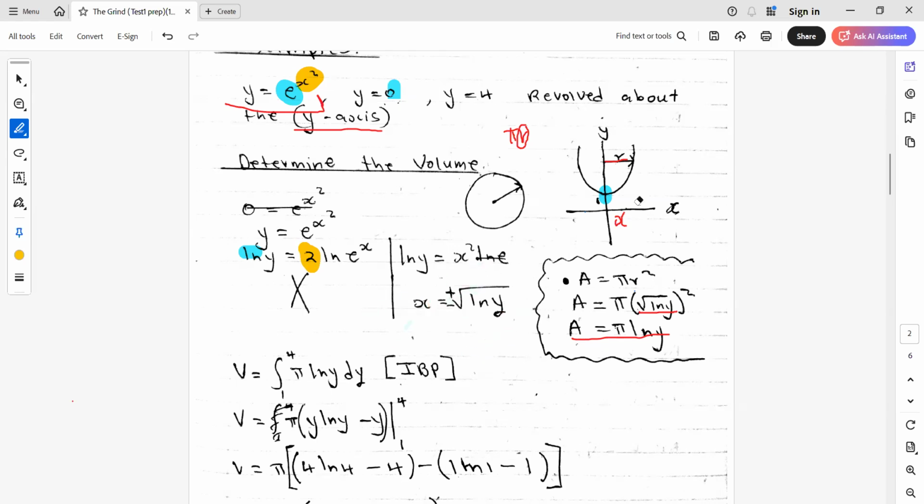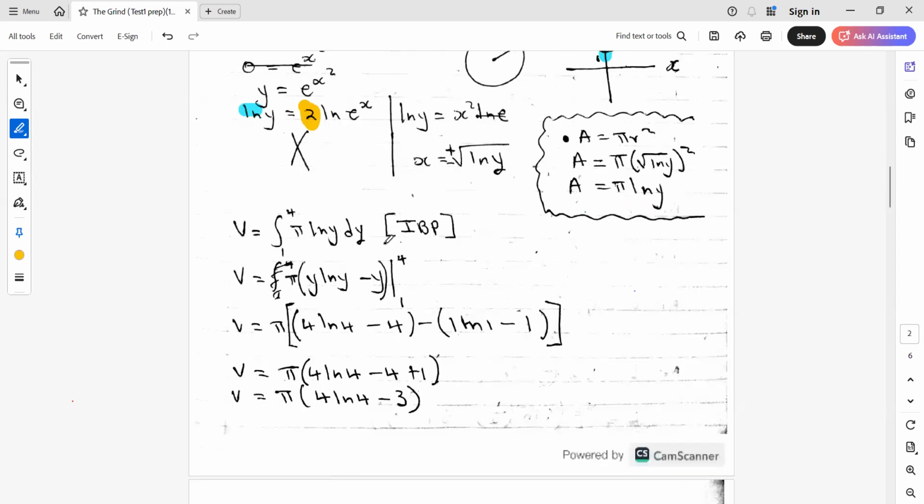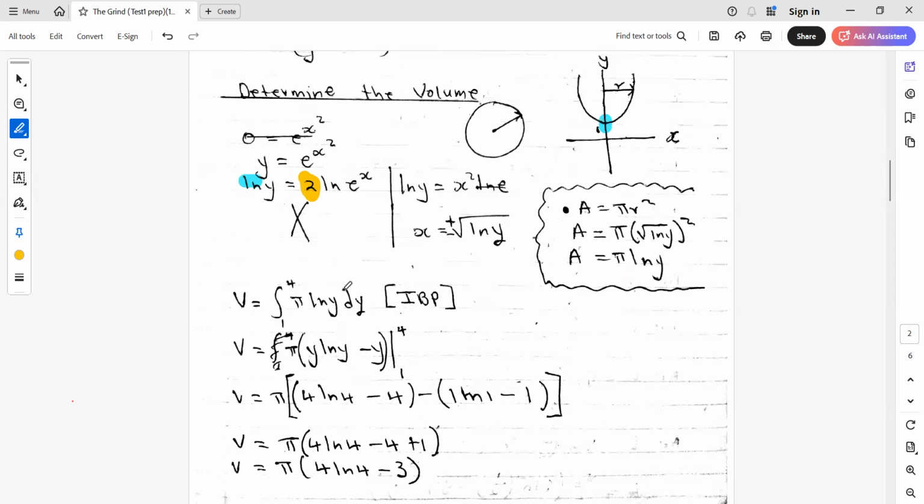Okay. So these are the two methods that I just explained, that if you didn't draw that, remember that it's going to be your r, the radius. What is the radius? It's going to be your function, your curve. Okay. So now after that, you just have to, okay, so right over here, there's another important thing, IBP.